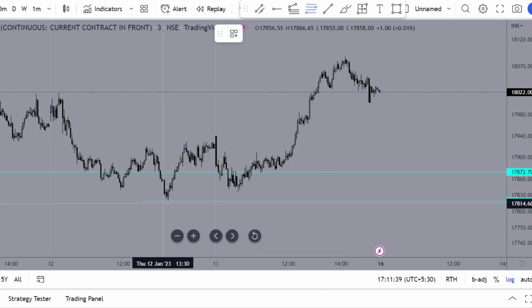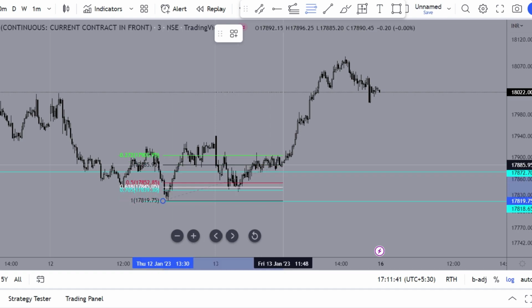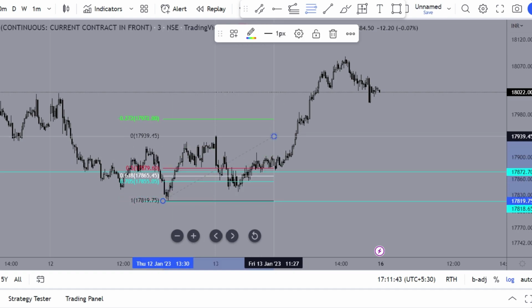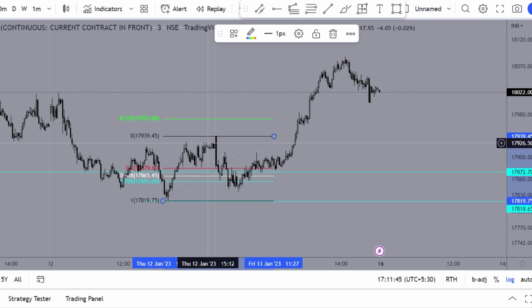So in that scenario, what we do exactly is measure the 61.8 retracement of this new structure high which is being formed here, and we enter the position somewhere around the 61.8 retracement of this particular swing, which comes somewhere around here.